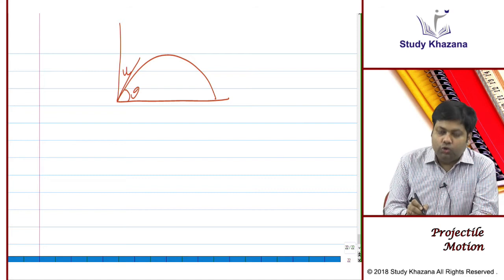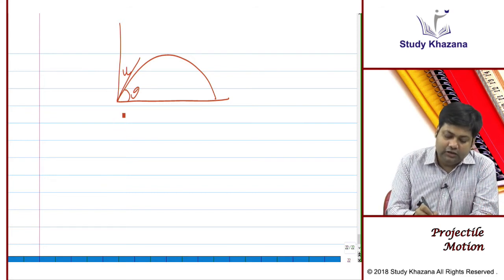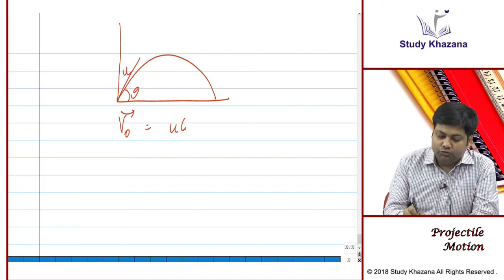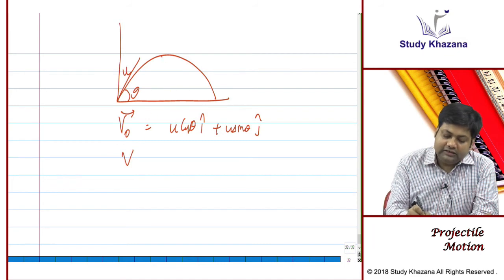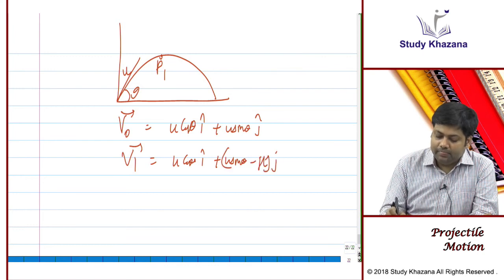In vector form we'll write the initial velocity v0 as u cos theta i plus u sin theta j. Now if at a point, let's say p1, the velocity becomes v1, that will be u cos theta i plus (u sin theta minus gt) j.